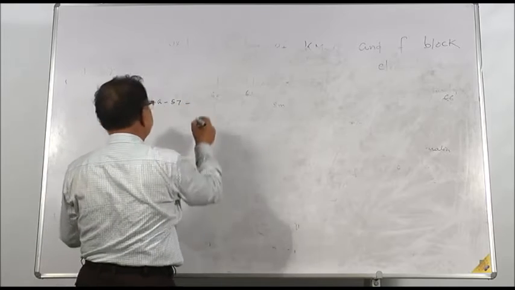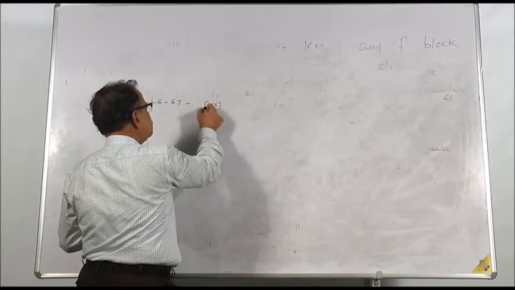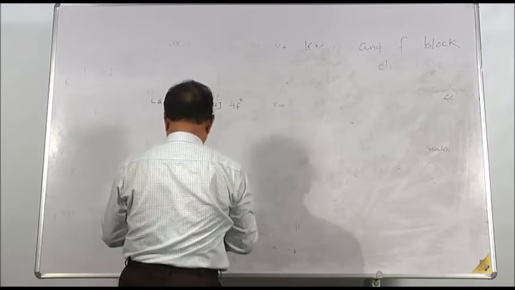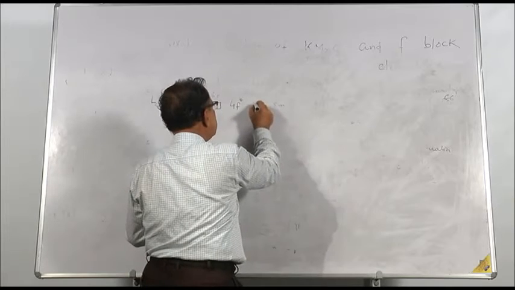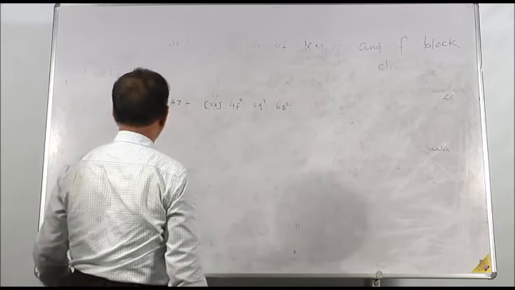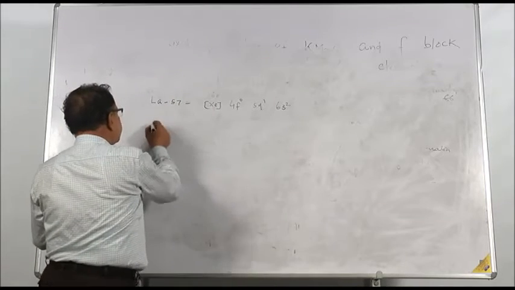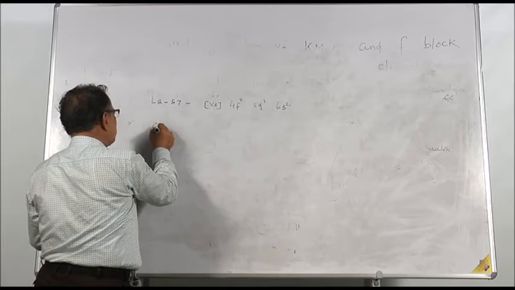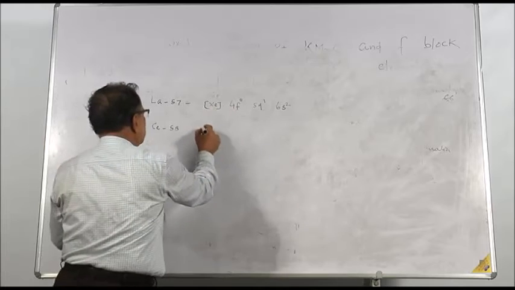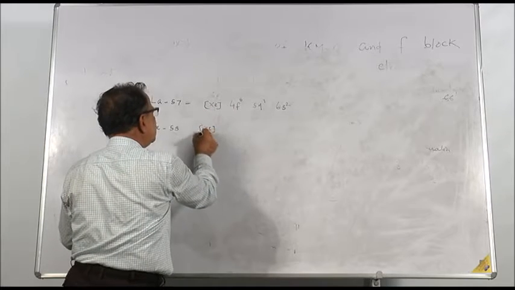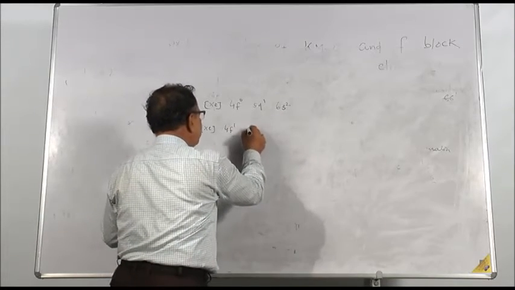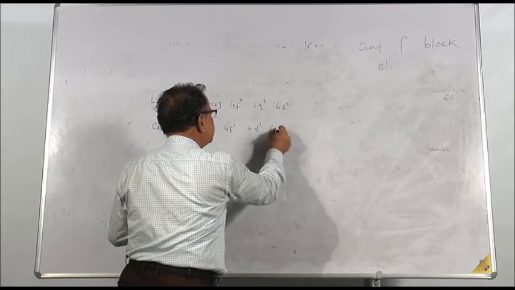Its electron configuration is Xe 4f0 5d1 6s2, a d block element. Then cerium, 58, the next electron goes to f. It will be xenon 4f1 5d1 6s2.